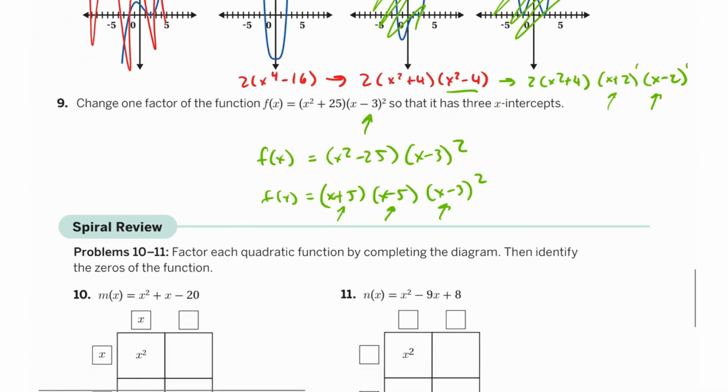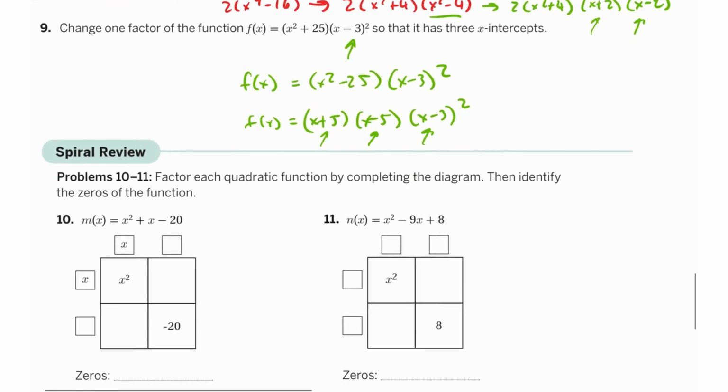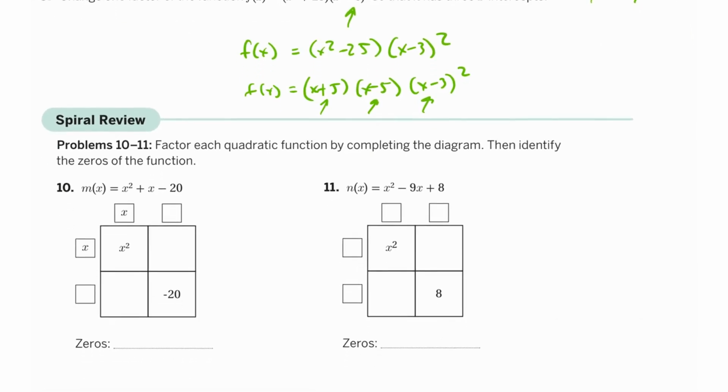Moving on to our spiral review. Problems 10 and 11, factor each quadratic function by completing the diagram, then identify the zeros of the function. So in this one here, to find out my middle term, it looks like first term went in the first box, last term went in the last box. That middle term of positive x needs to split up into 2 things that multiply to negative 20x squared.